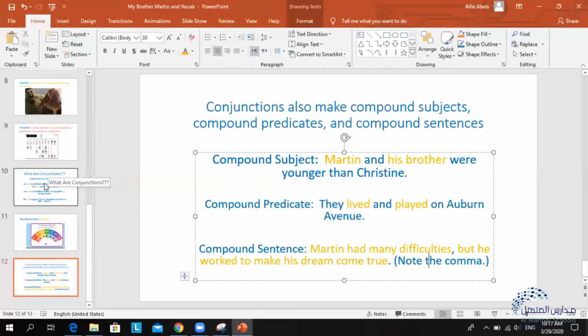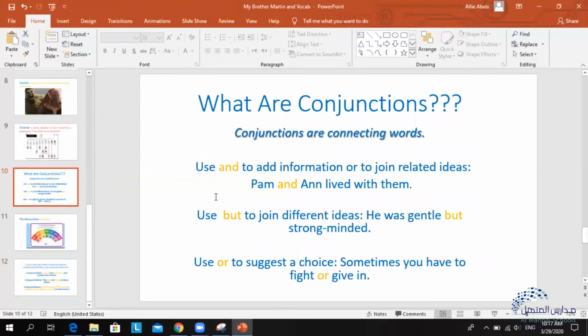So just to wrap up today's lesson, guys, we basically discussed what conjunctions are. Conjunctions are connecting words, and these connecting words can be for, and, but, or, etc. Conjunctions are used to join different ideas and related ideas, and also used to suggest a choice, like in the case of and, but, and or.